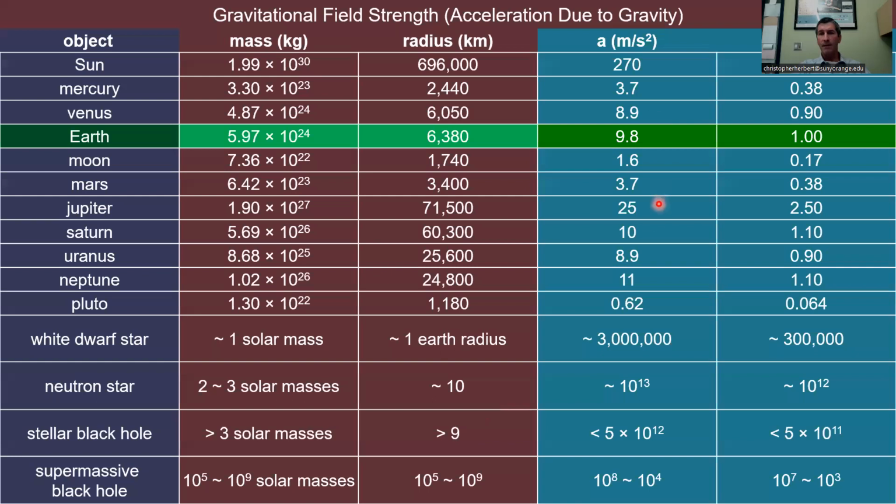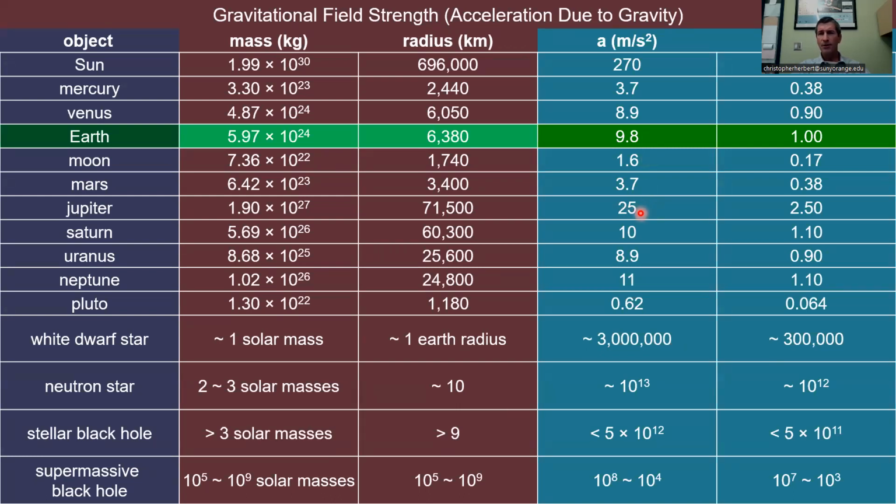Looking at the other planets, again, we are going to talk about the surface gravity at the very top of the clouds. Jupiter is over 300 times more massive than the Earth, and its acceleration at the surface is 2.5 times greater than that of the Earth.